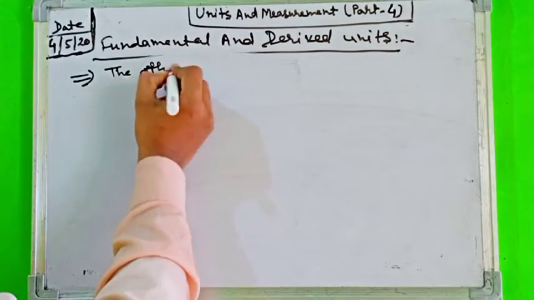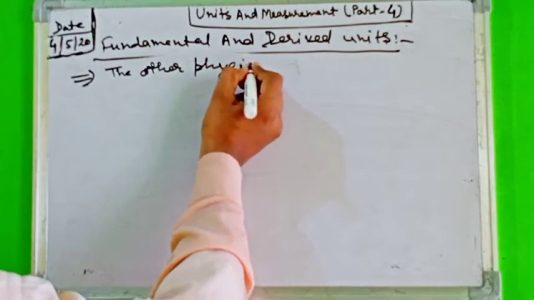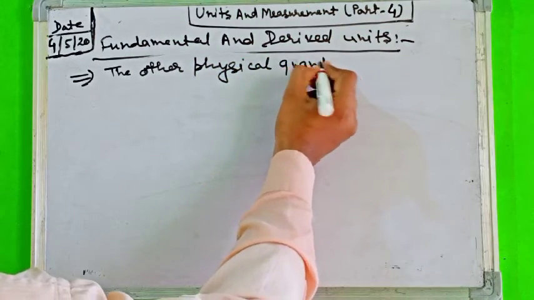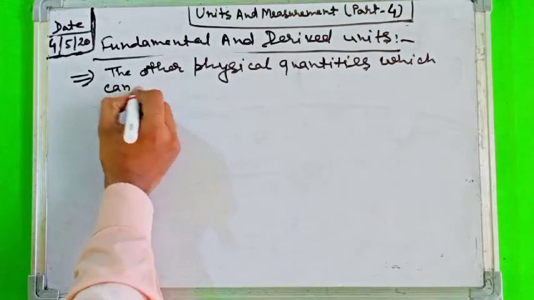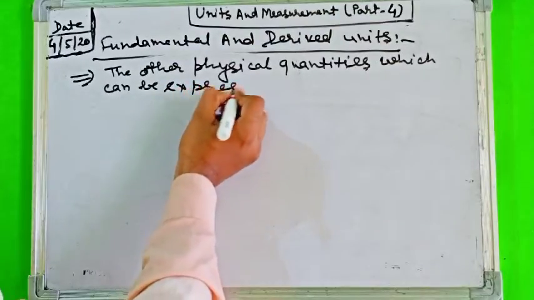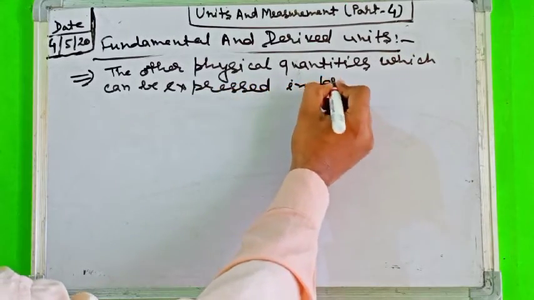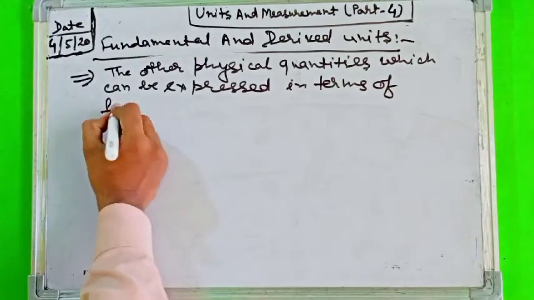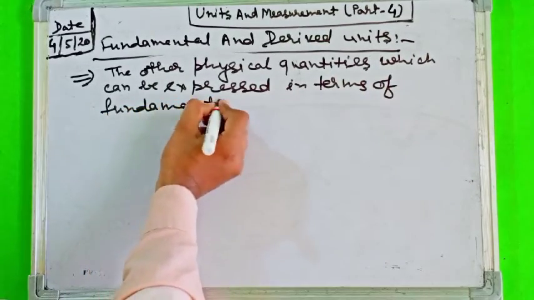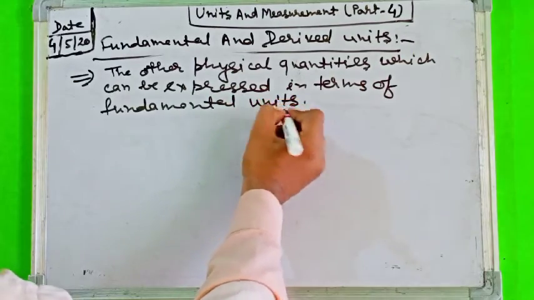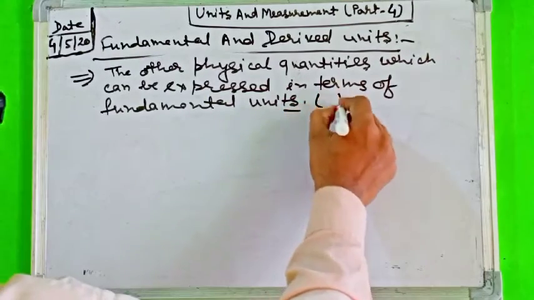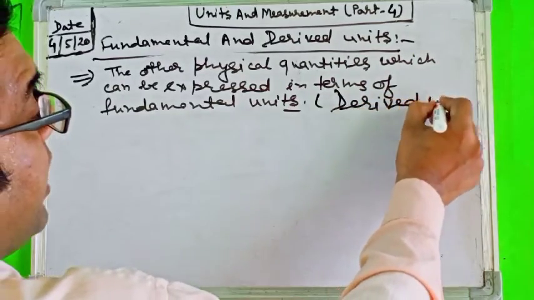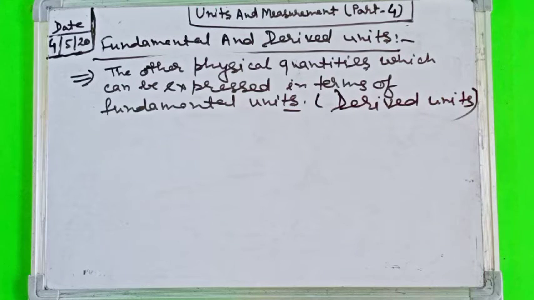The other physical quantities which can be expressed in terms of fundamental units, and these are called derived units because they are derived from the fundamental units.